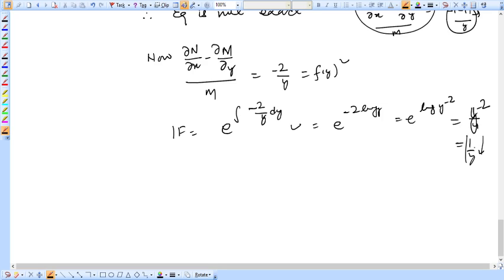It should actually have been written with a modulus, but I'm writing it directly because both can be integrating factors here: 1 by y² and also −1 over y².